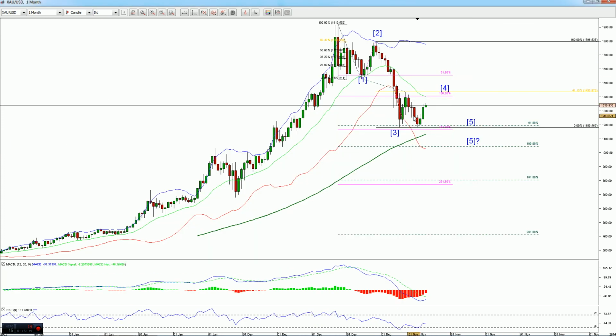Okay, and whether this is then a completed fourth corrective wave, and then we'll have another 5 to downside, and this MACD indicator may indicate it because it broke below the zero line, yeah, and if it happens, it usually makes another low. Okay, so there might be another move to the downside, maybe to meet this moving average 100. Okay, to meet those levels.